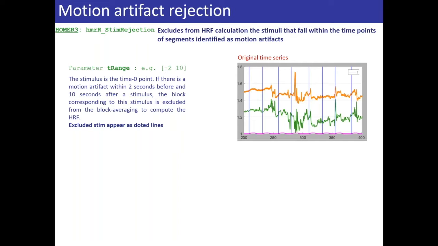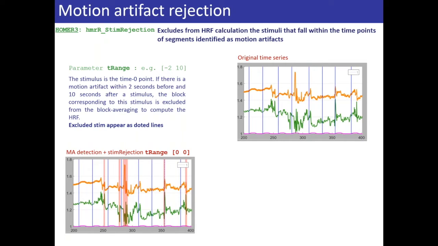So here we have this signal, orange and green, 2 different fNIRS channels. And we have these huge motion artifacts. It's like a large spike here and small ones elsewhere. And when we apply the stim rejection function, and if we put tRange 0 to 0, it will show the motion detected signal.